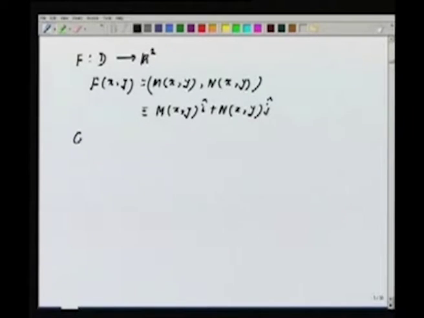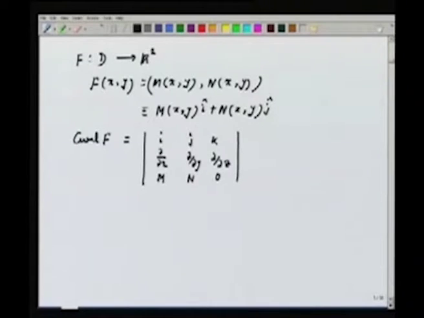Then what does curl F stand for? Well, curl F means just the value of this determinant: i, ∂/∂x, M; j, ∂/∂y, N; k, ∂/∂z, 0. It is also formally written as grad cross F.